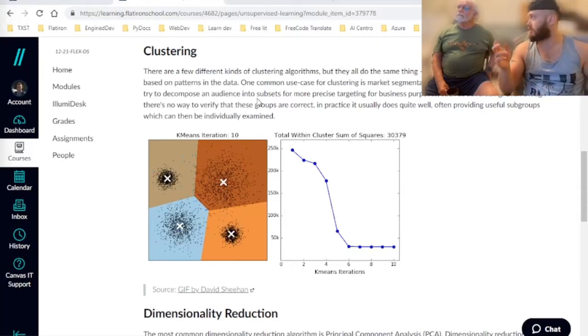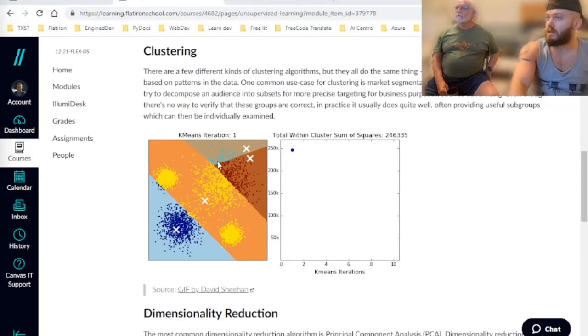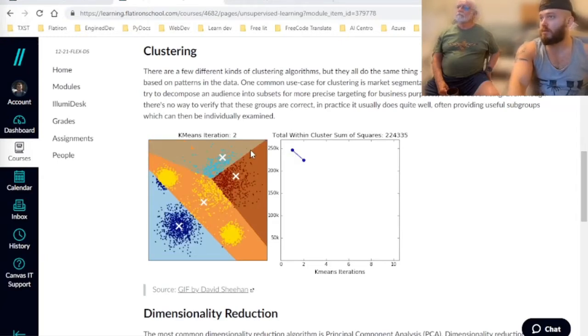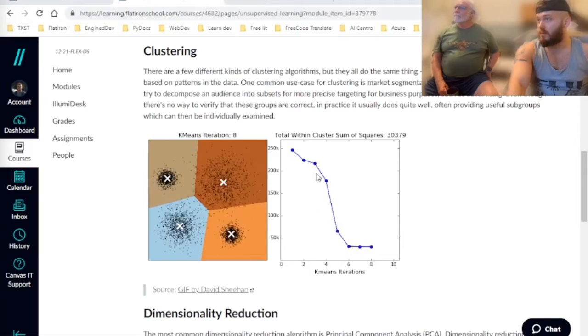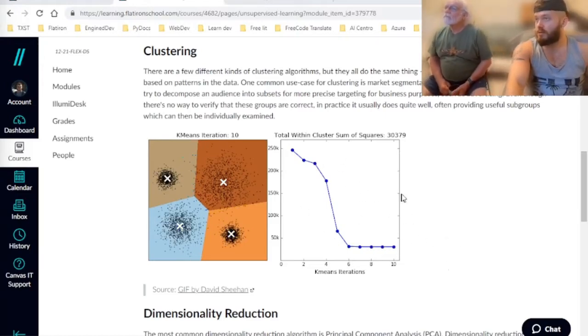Obviously that's not a great boundary line for this cluster, so your sum of squares is pretty high. As these boundary lines get closer into these gaps, the sum of squares is less. So that's basically a performance metric.